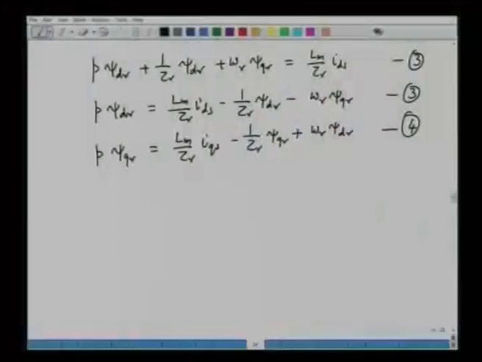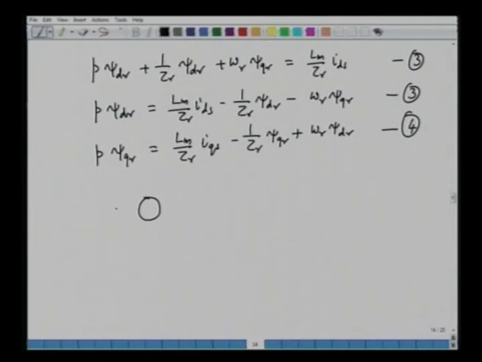So this can be explained by means of a block diagram. If we draw a block diagram, it will be easy to understand how we can estimate the rotor flux from these two equations. So we have a summer here, and here what we have in this case is Lm by tau r, and this one is IDS coming from outside.